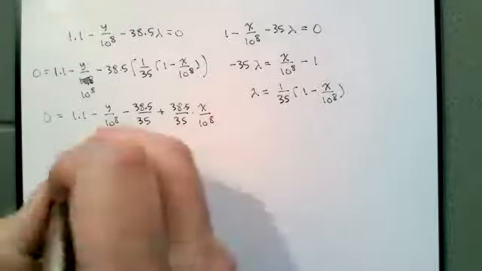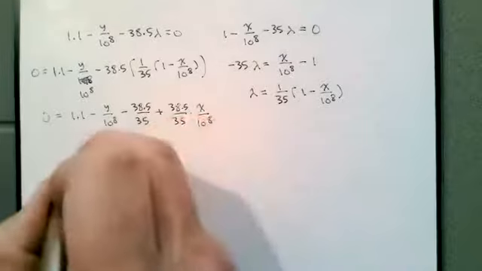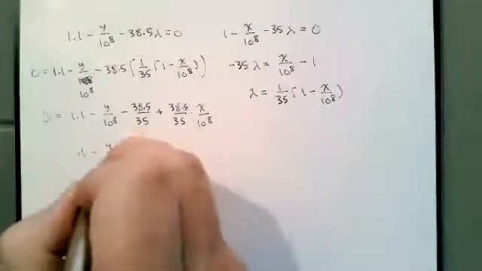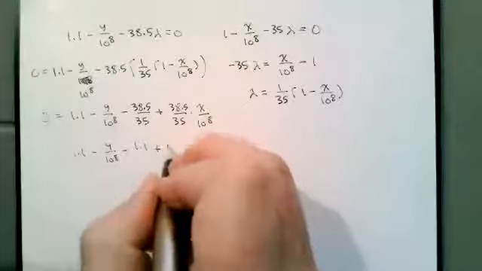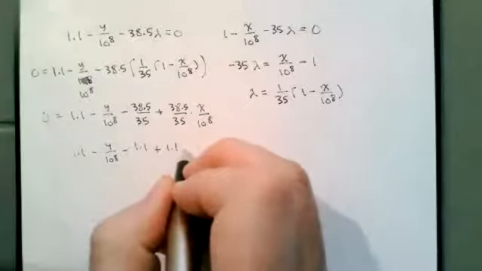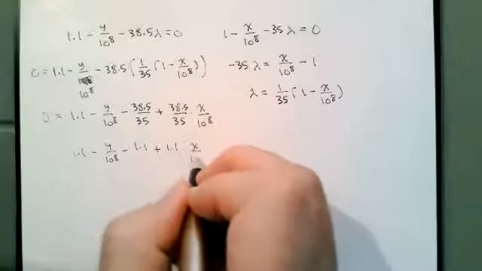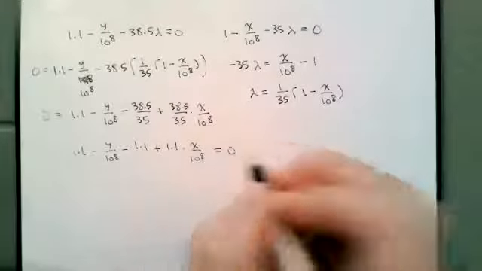That's all right. So we've got 1.1 minus y over 10 to the 8th minus 1.1 plus 1.1 times x over 10 to the 8th. All this is equal to 0.